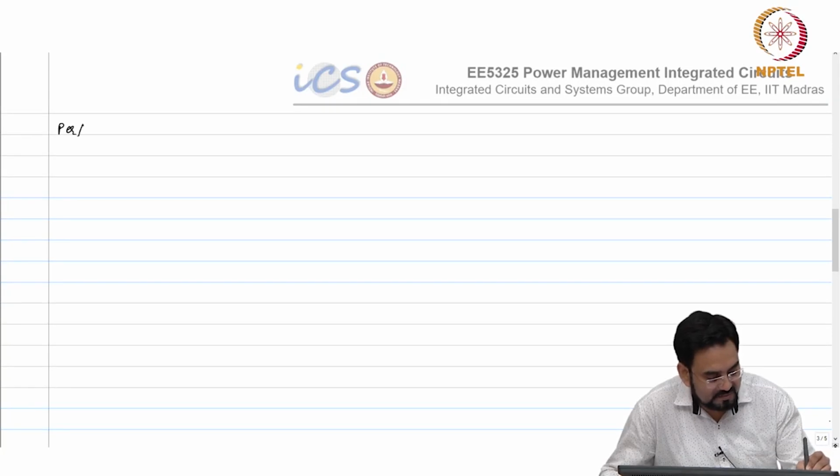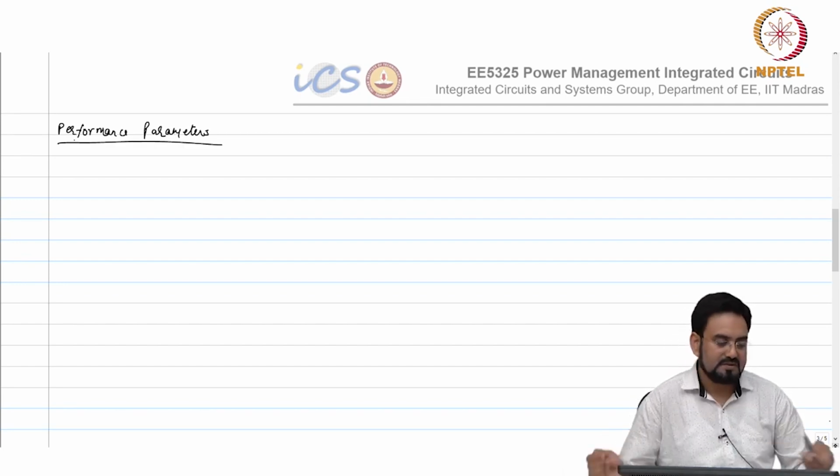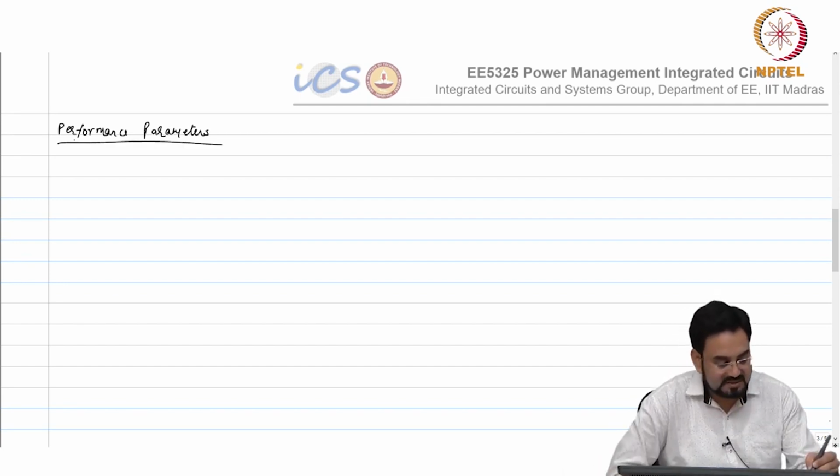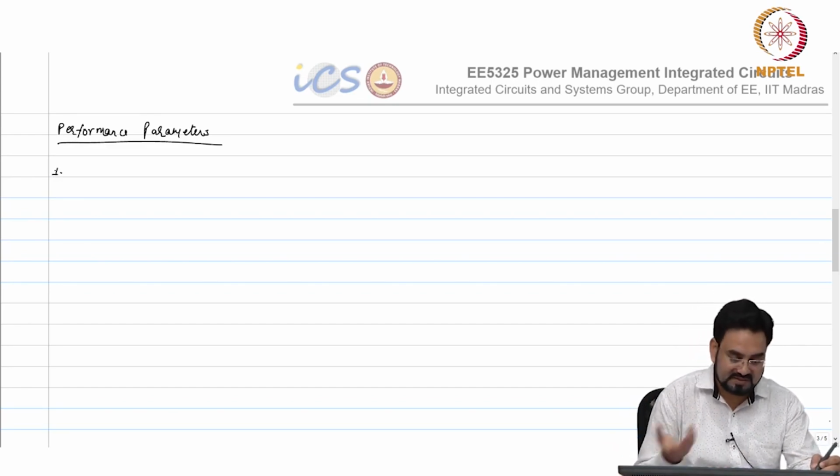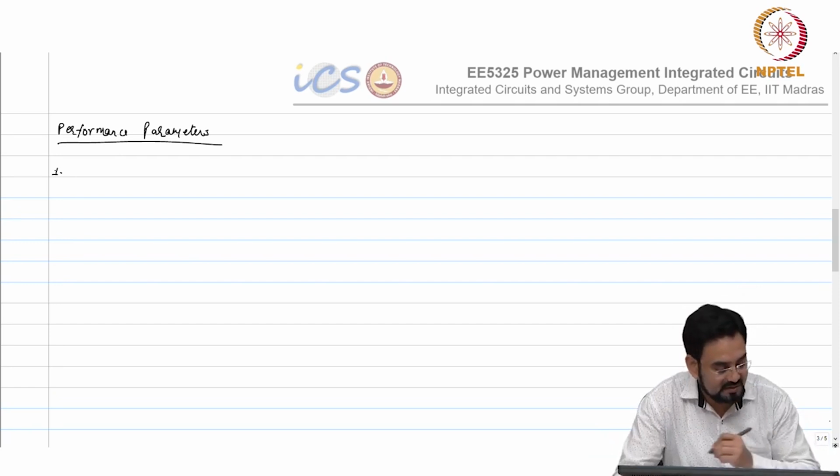Next is performance parameters. There are certain parameters based on which we measure the performance of any regulator, whether it is a switching or a linear.